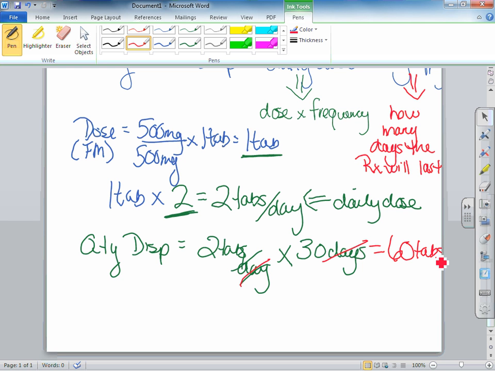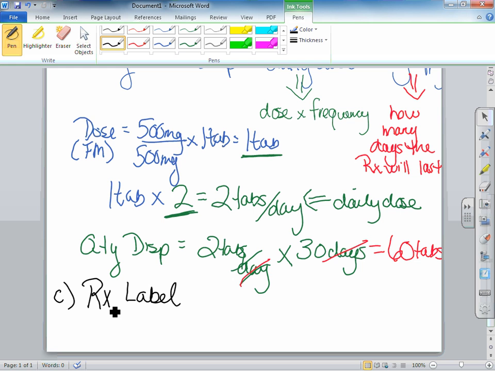Well, the next thing they want you guys to do is to provide the prescription label. Well, when they ask you to provide the prescription label, remember, I'm going to put RX label to make it clear. All right.